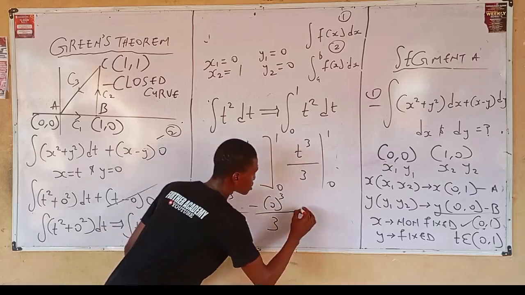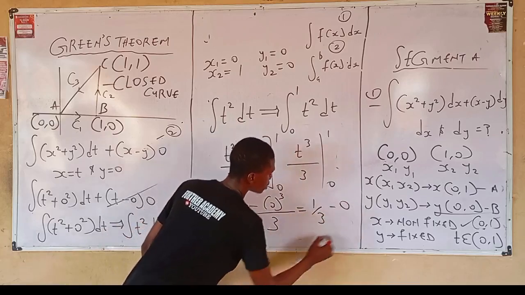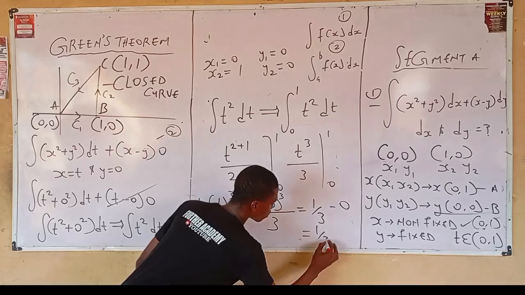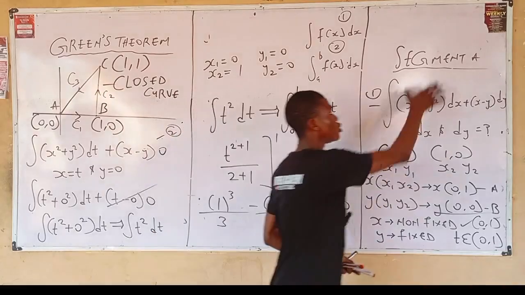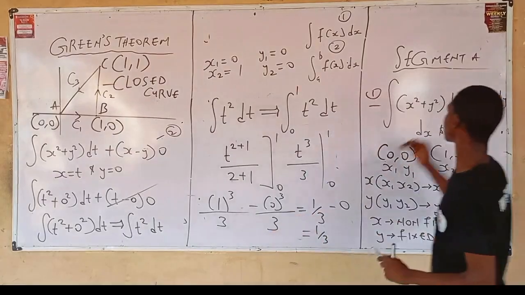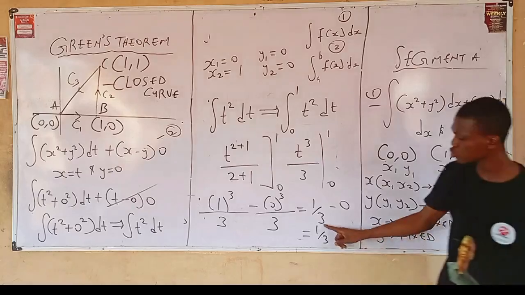And this gives us 1 over 3 minus 0, which equals 1 over 3. Now, applying the line integral to segment A, I got 1 over 3.